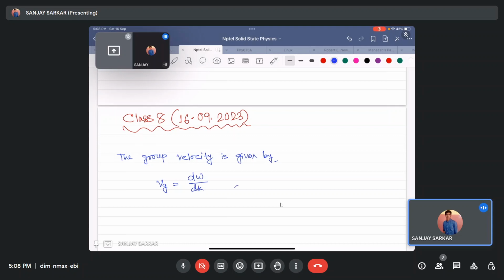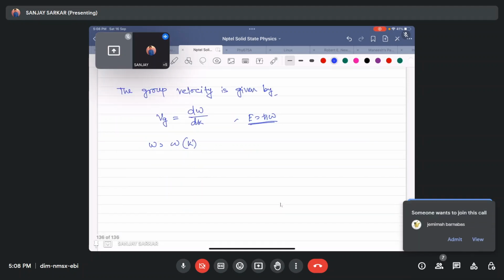E can be written as equal to h bar omega, where E is the energy of the electron. This omega is given by the dispersion relation, so omega is a function of k, and you take the derivative with respect to k and you will get the group velocity. So this is the formula of group velocity.